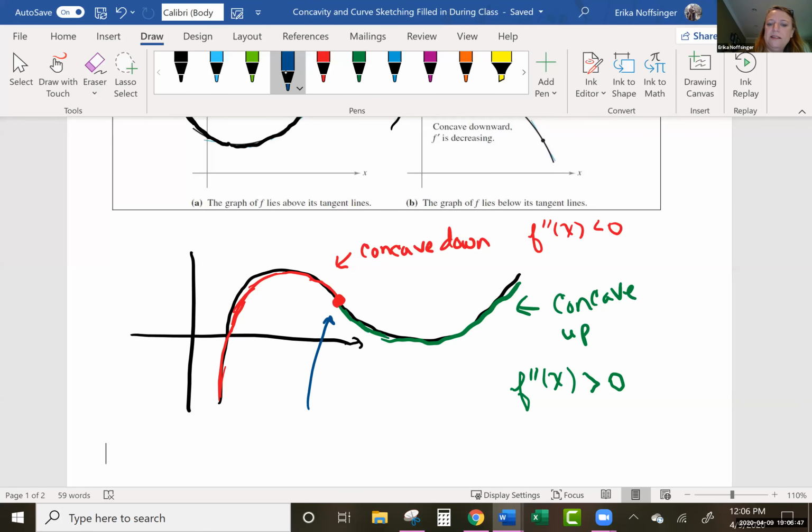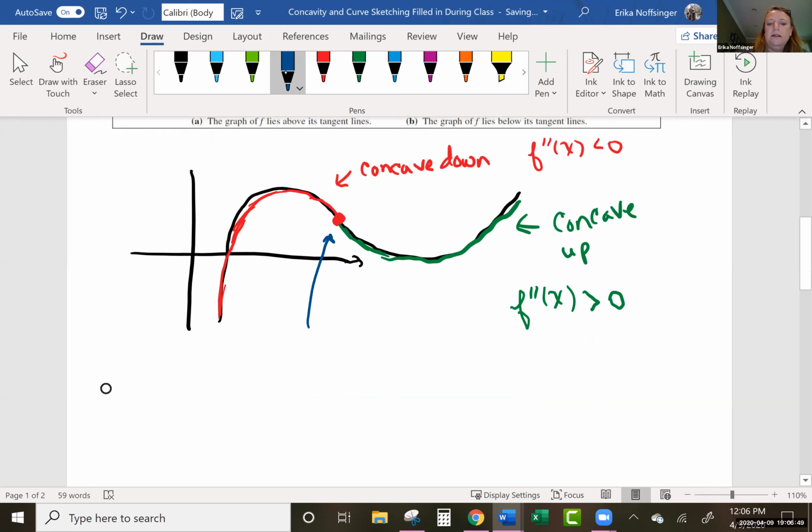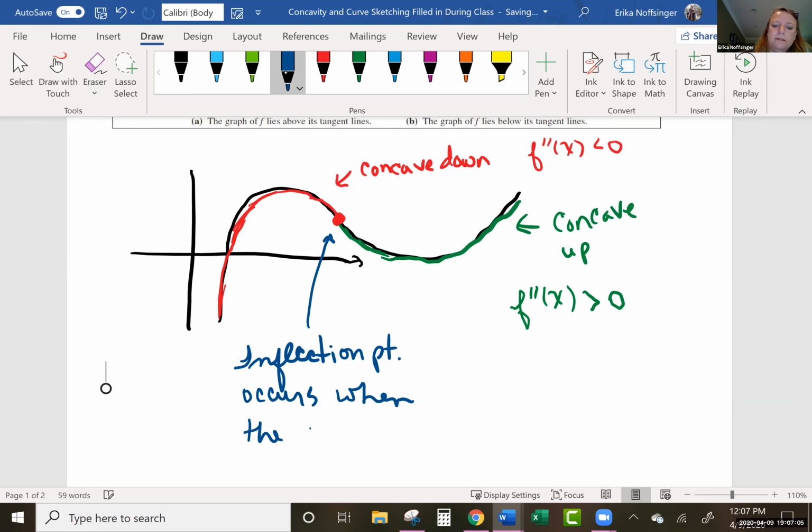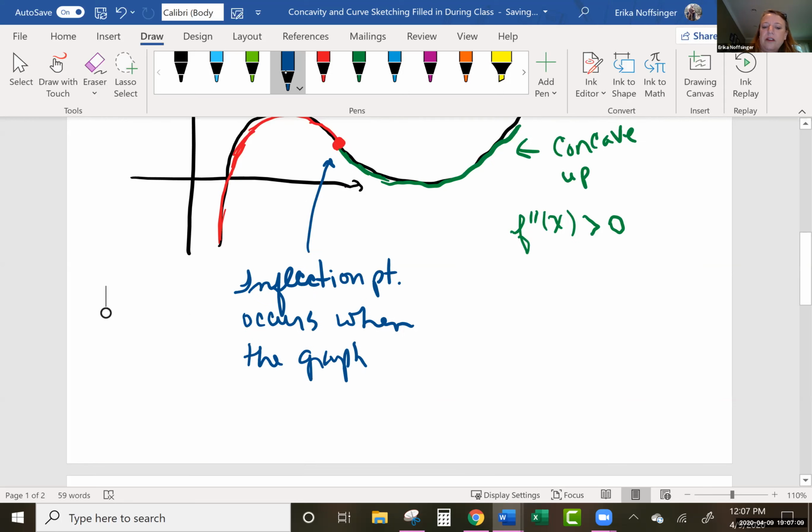So this point is called an inflection point. So an inflection point occurs when the graph of f of x changes concavity.